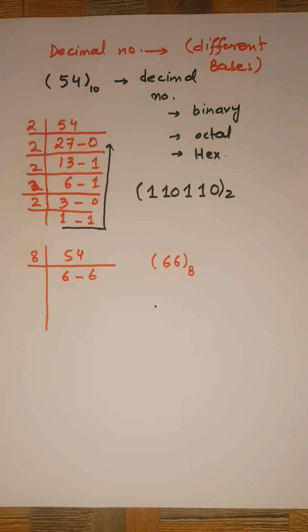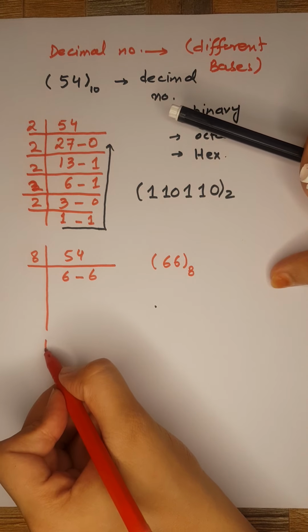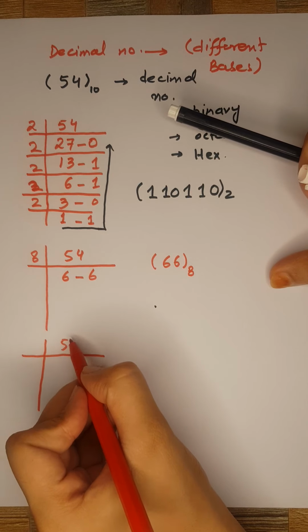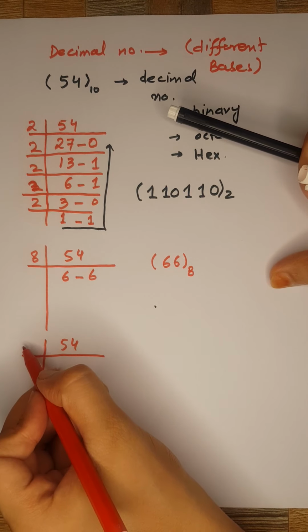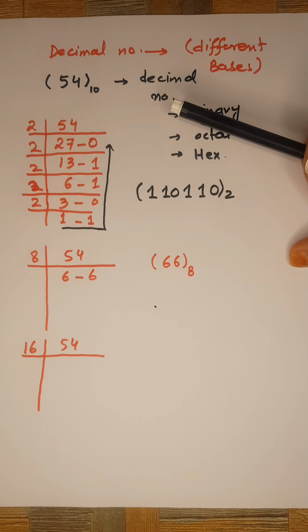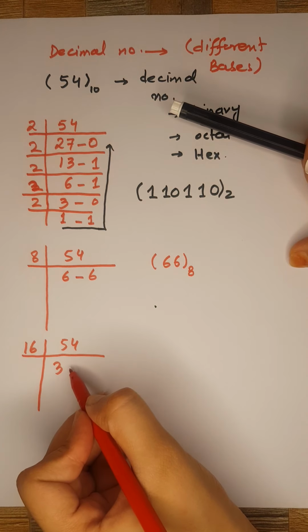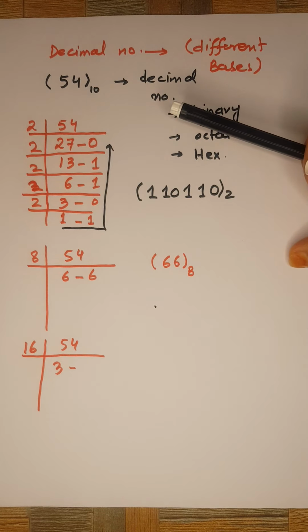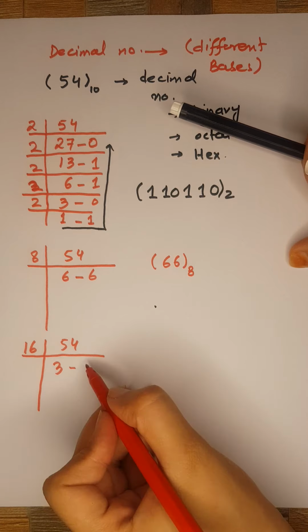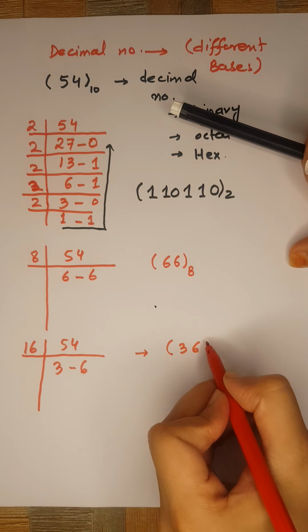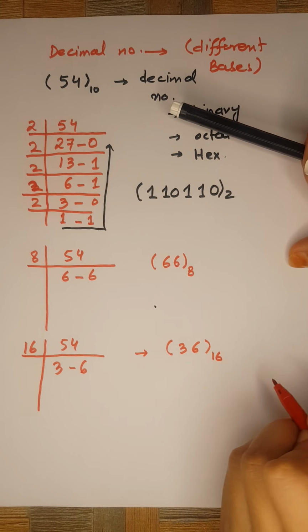Fine. Similarly, the same procedure will be done for converting 54 into hex, whose base is equal to 16. So 16 3s are 48, and the remainder is equal to 6 again. So 54 is equal to 36 in hex.